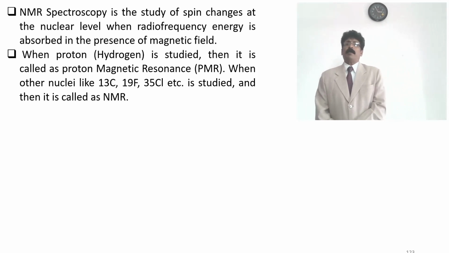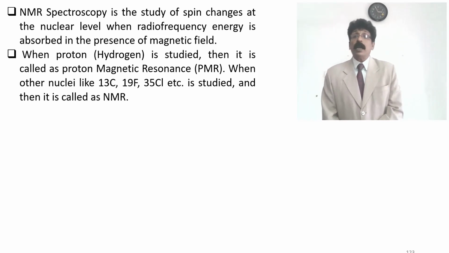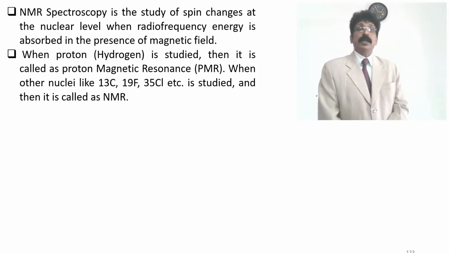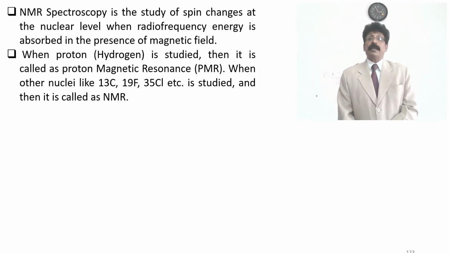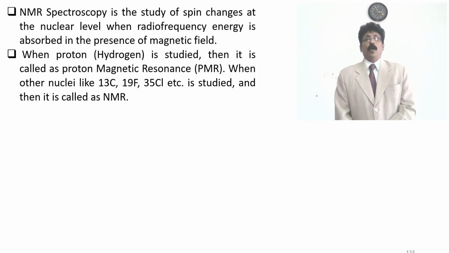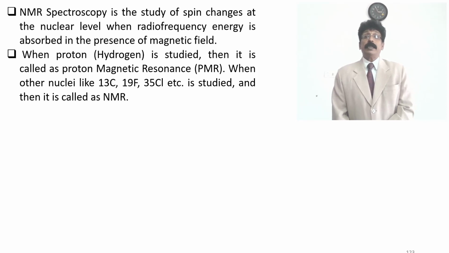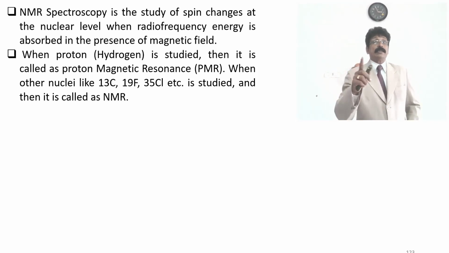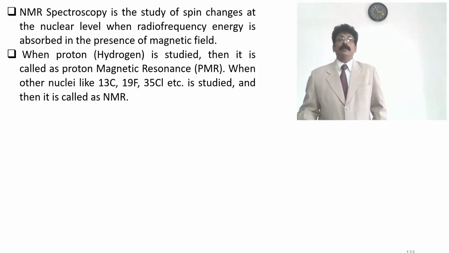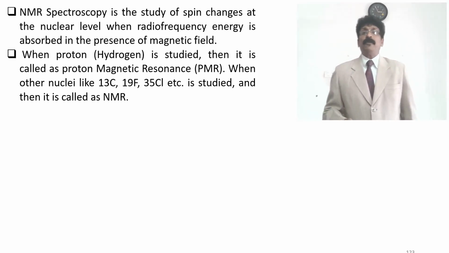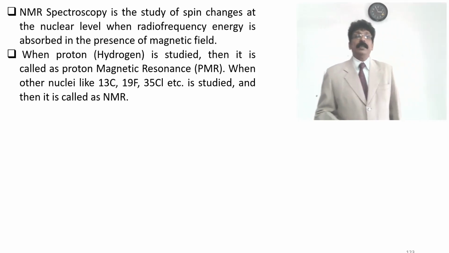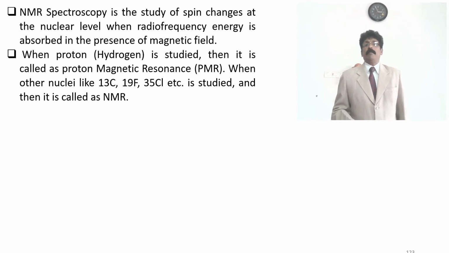When the proton, hydrogen, is studied, it can be called PMR, but usually even the proton study is called NMR, nuclear magnetic resonance. When you study the proton magnetic resonance of a compound, we can say PMR. When nuclei with odd mass numbers, such as 13 carbon, 19 fluorine and 35 chlorine, are studied, it is called NMR.